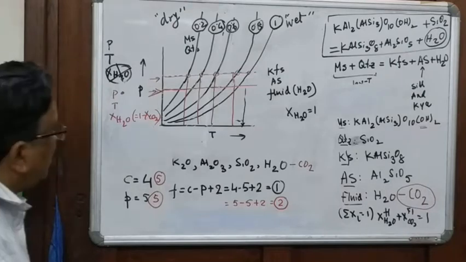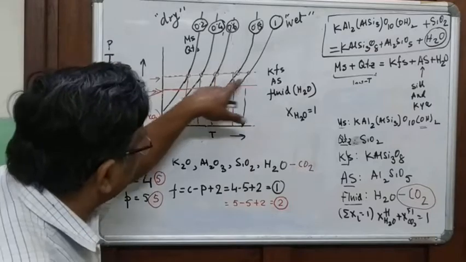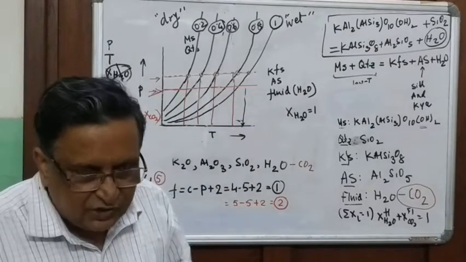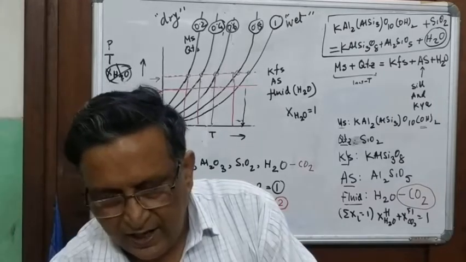Now, when I take the pressure value P, it intersects the curves, and therefore I still don't get an estimate of the values of XH2O and temperature.